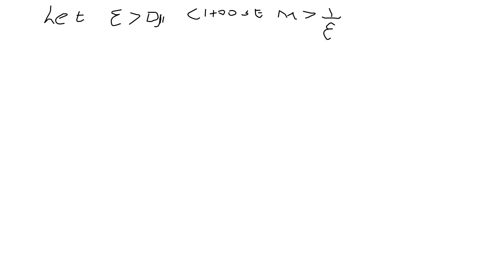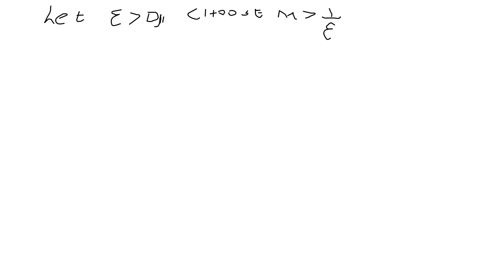If epsilon is 0.0001, then m is greater than 10,000. So there's always an m to satisfy it. We're proving that no matter what epsilon you get, you can find an m. That's the whole purpose of the proof.